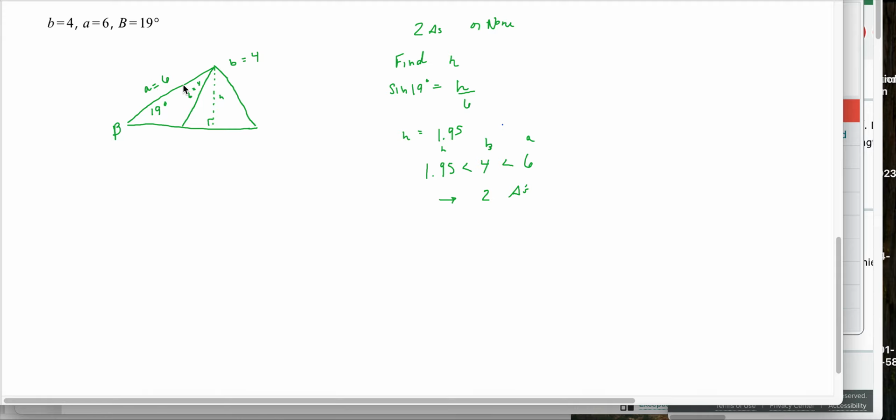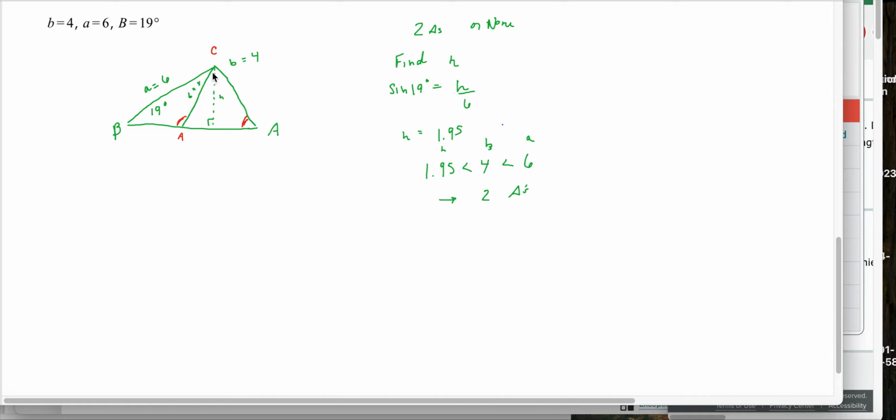So opposite side A is angle A. So angle A can either be this angle or this angle, right? So that could also be A. And then I would have two possibilities for the angle C, right?